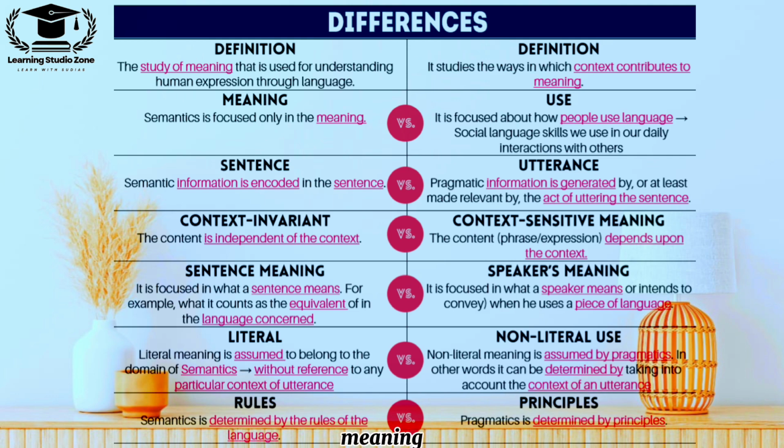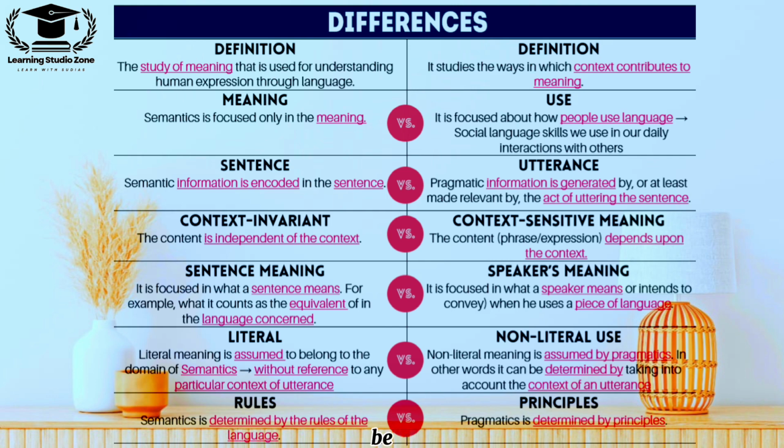A literal meaning is assumed to belong to the domain of semantics without reference to any particular context of utterance, while in pragmatics we go to non-literal use. Non-literal meaning is assumed by pragmatics. In other words, it can be determined by taking into account the context of an utterance.